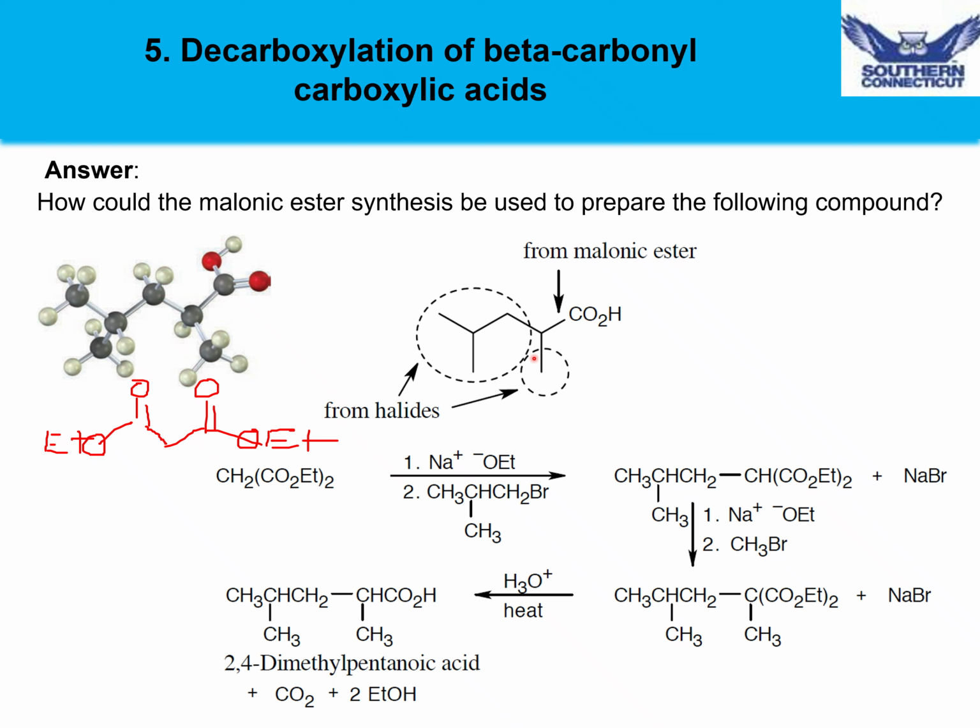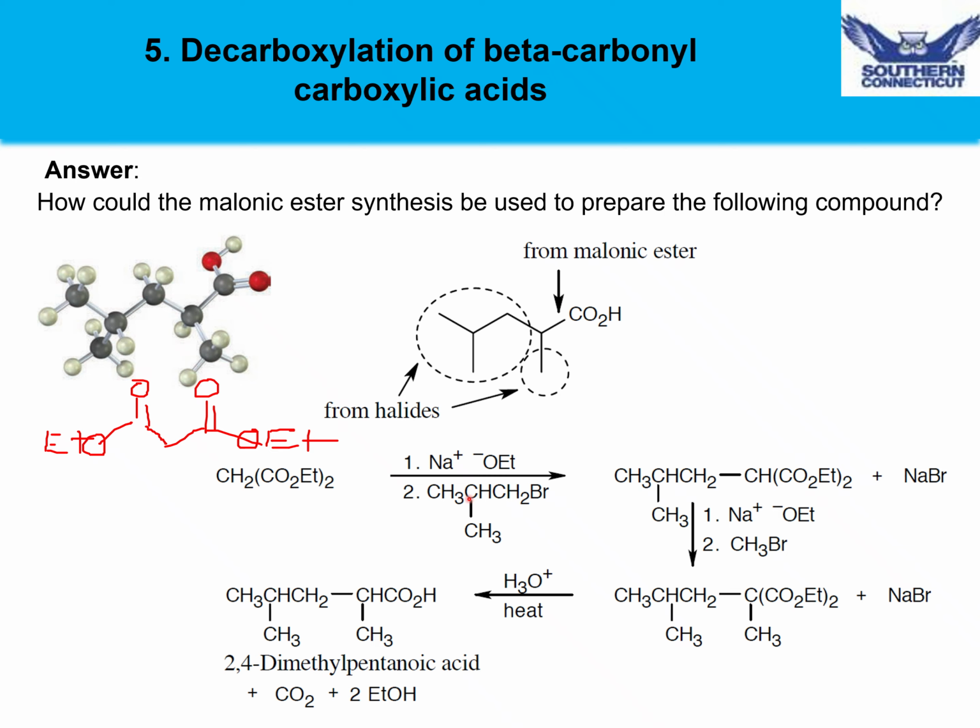And we could add this methyl group and this isobutyl group through alkylation reactions with the appropriate alkyl halides. Then if we do a decarboxylation, we can remove one of the ester groups and the other one gets turned into a carboxylic acid. So that's essentially the strategy we use. So to add a methyl group or an isobutyl group, we need the appropriate alkyl halide. It doesn't matter which one you add first.